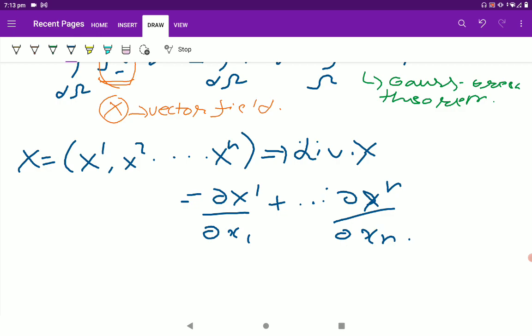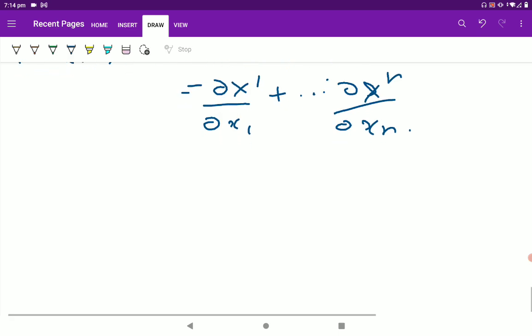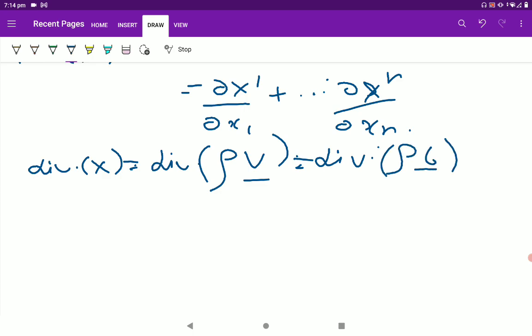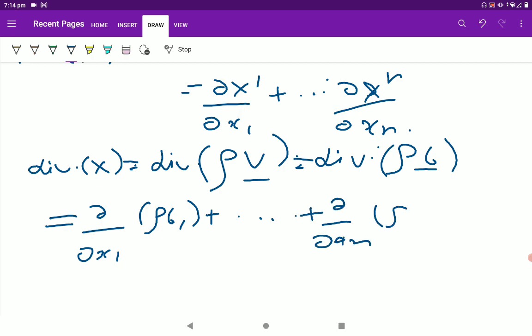So we can write the divergence of the vector field x as the divergence of rho v equal to the divergence of rho b. Here b and v are constants, and in order to simplify more, we can write the above expression in this format: dou of rho b1 plus dot dot dot till dou xn of rho bn.